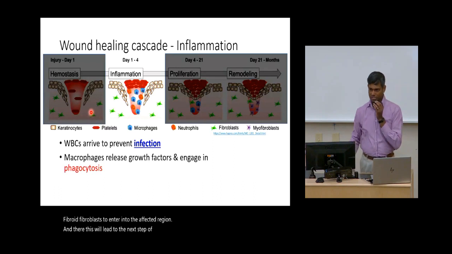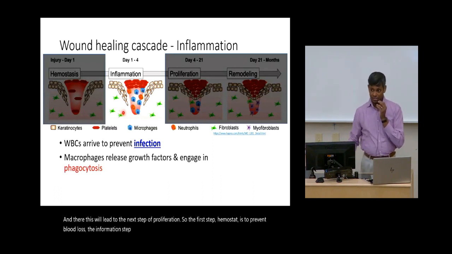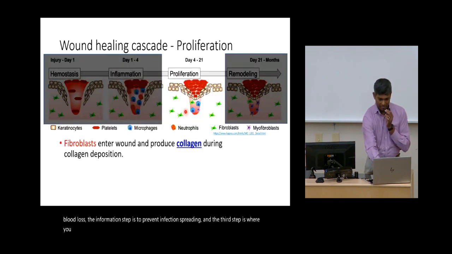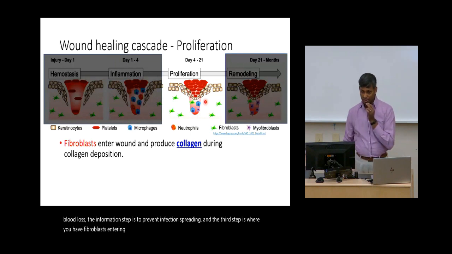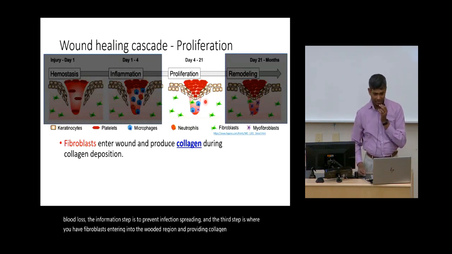So the first step, hemostasis, is to prevent blood loss. The inflammation step is to prevent infection from spreading, and the third step is where you have fibroblasts entering into the wounded region and providing collagen, right, to strengthen that area.